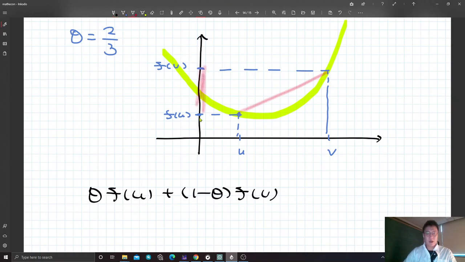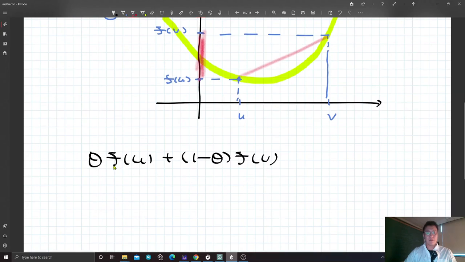But once again, one value on this line segment will be equal to the y coordinate of some point on this line segment. So that determines the height of this line segment, and we compare the height of this line segment and the graph of this function. We can see that the line segment is above the graph of the function.